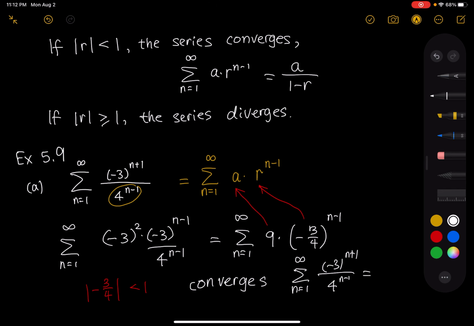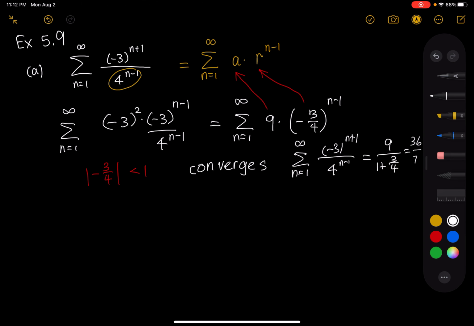It converges to a, which is 9, divided by 1 minus negative 3 over 4, so 1 plus 3 over 4. In that case, you can do your calculation and you get 36 over 7. So that is part A.